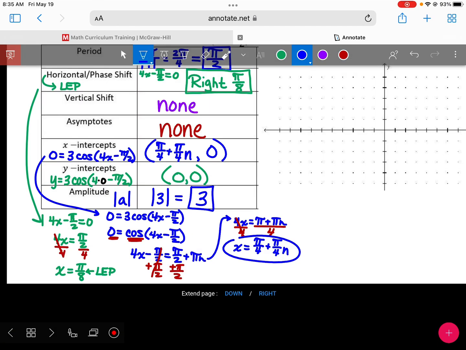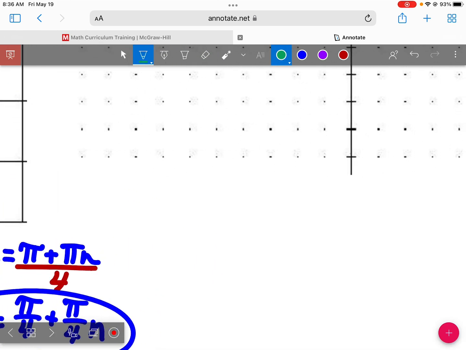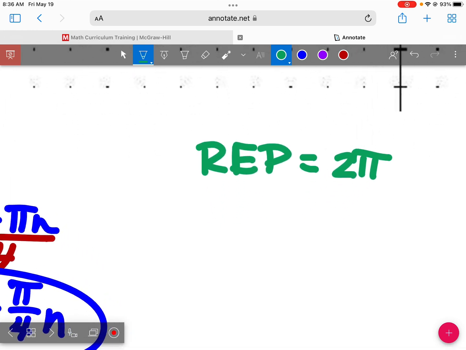My left endpoint is pi over 8. I know my period is only pi over 2. I should find my right endpoint. What do we set the right endpoint equal to? 2 pi. Four times 0 is 0, minus pi over 2. So I have cosine of negative pi over 2.